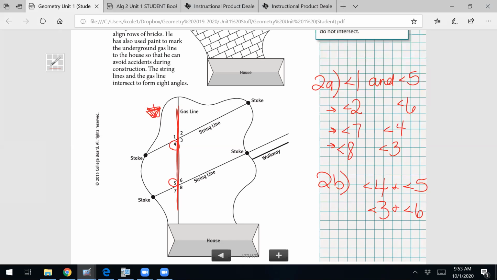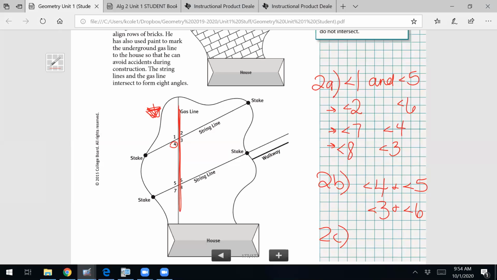Okay? Alternate interior angles. What does that mean? Well, that means they're going to be on opposite sides of your transversal, alternate opposite sides, but it's still going to be interior, okay? Good, and it's not the one that's right beside it, okay? Because I think it still says non-adjacent.